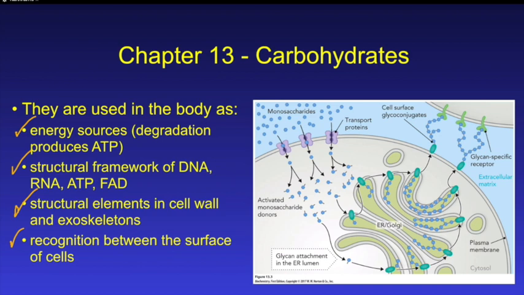Sugars, by virtue of being able to bond in many ways, let's say each has 6 carbons, so you could take 2 sugars and link them 1 to 1 alpha, 1 to 1 beta. You can go 1 to 2 alpha, 1 to 2 beta. You can go 1 to 3 alpha, 1 to 3 beta.